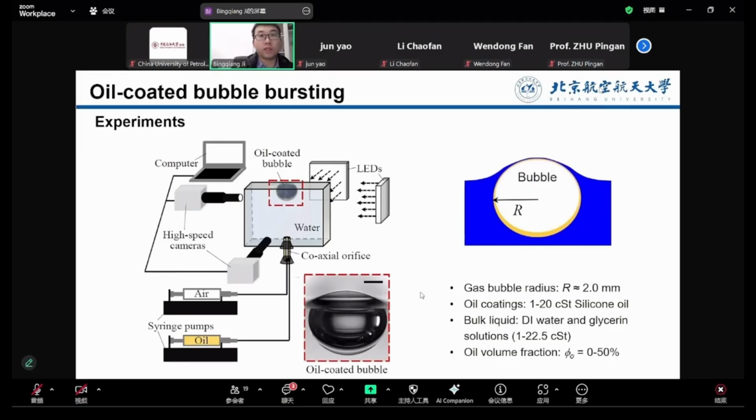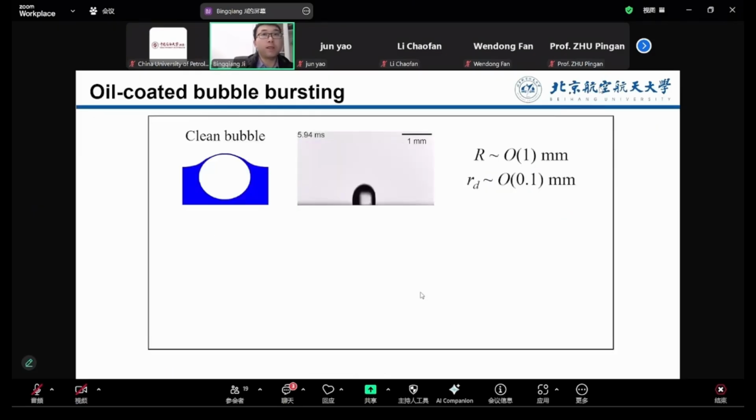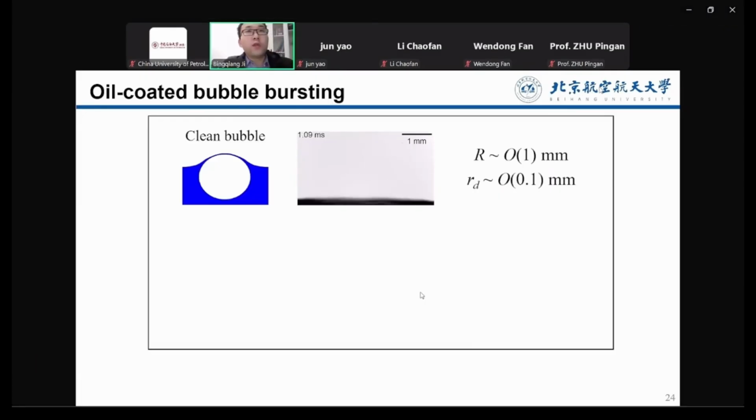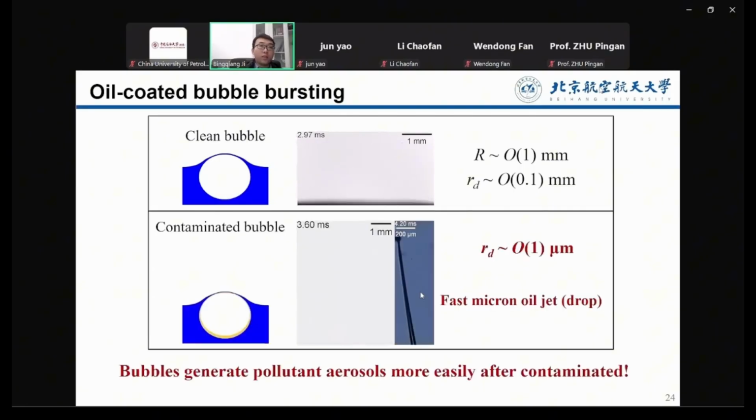So we also use 2 cameras to capture the bursting process. For the bursting of a clean bubble at the liquid surface, when the bubble size is about 1 millimeter, it will generate jet drops with a size of about 0.1 millimeter, several sub-millimeter.